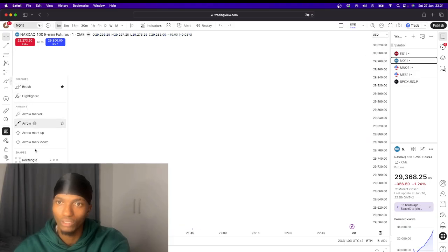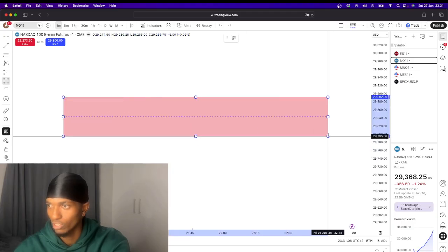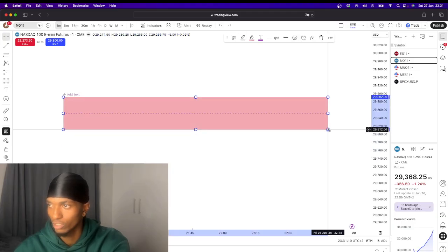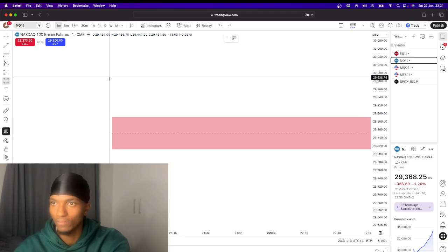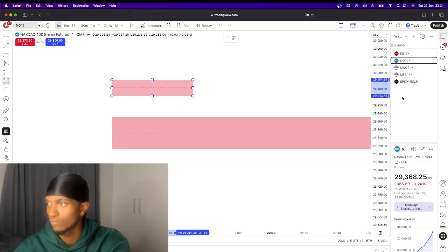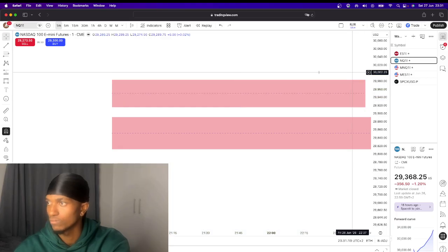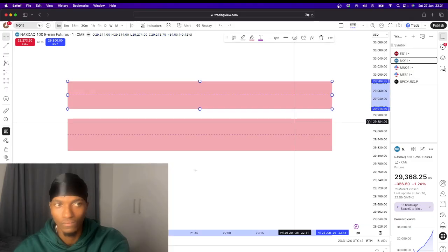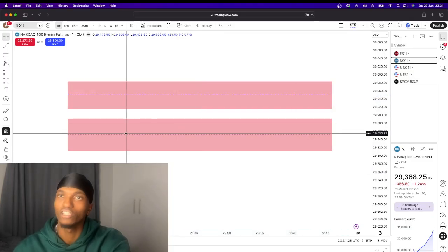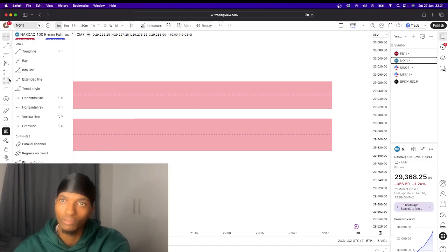So we're gonna put this rectangle here so I can explain it properly, right? Okay, so let's say the top one is ES and then the bottom one is Nasdaq, right? And then we have something like this.